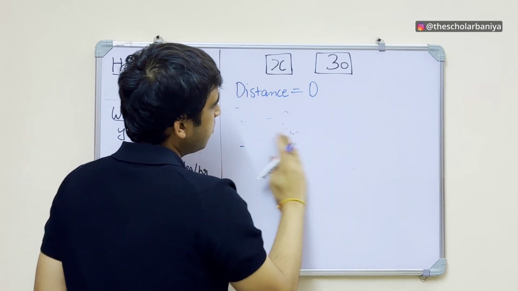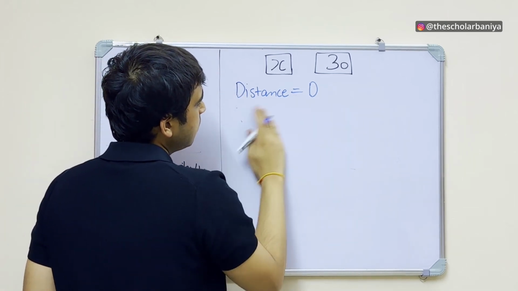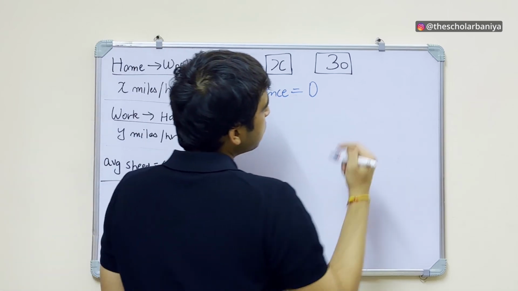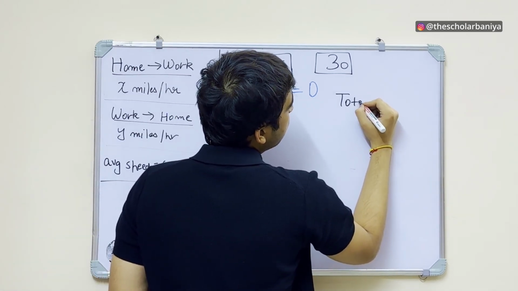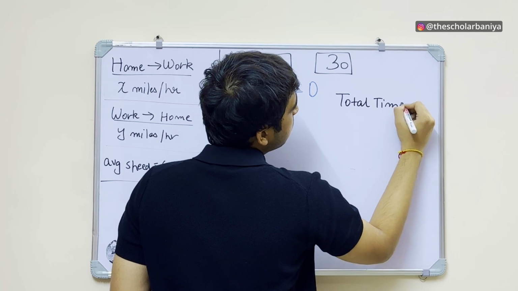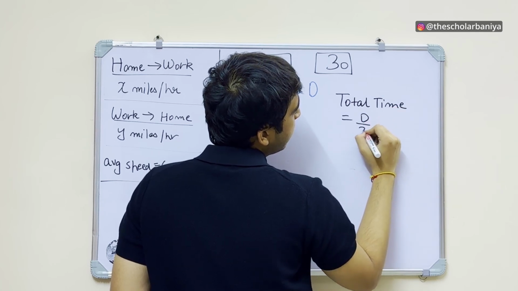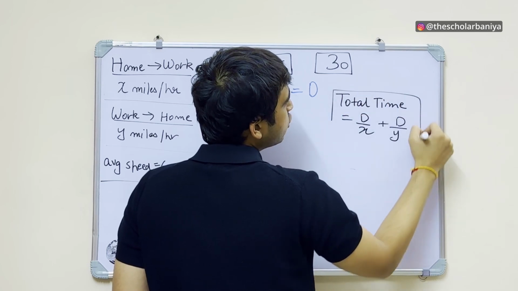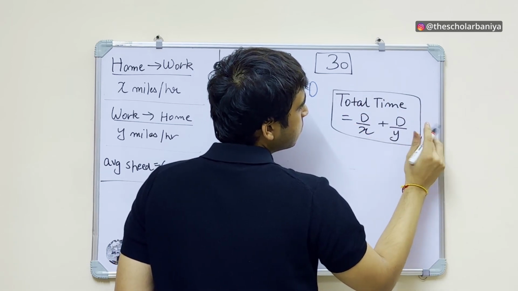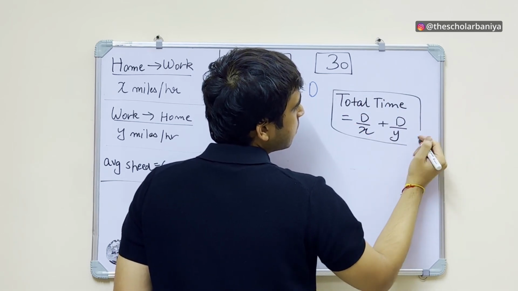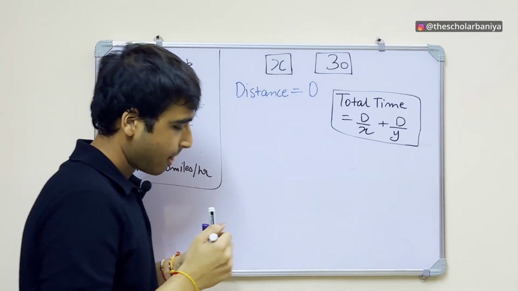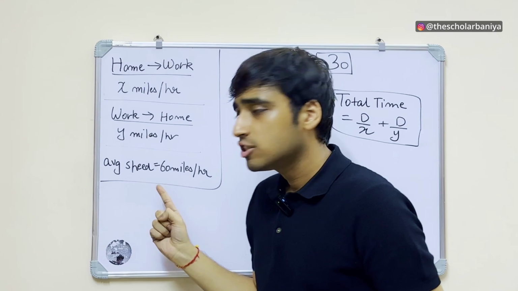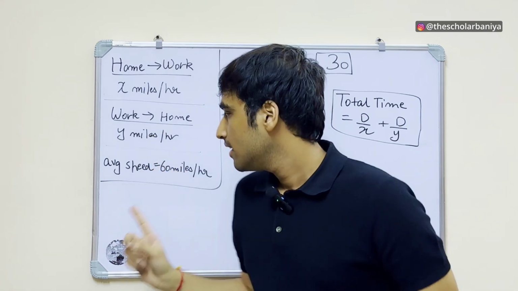So we have found that the total time is equal to D upon X plus D upon Y. Now, it is also given that the average speed for the entire trip is 60.